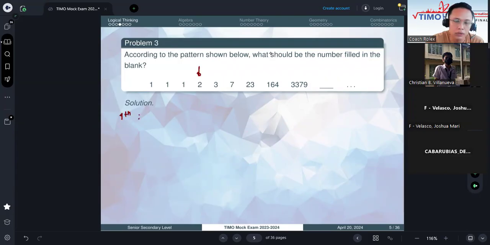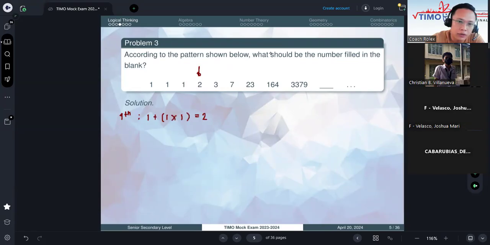For the fourth one, this is simply the result of 1 plus 1 times 1, which is the previous three terms. So you will have 2 here.